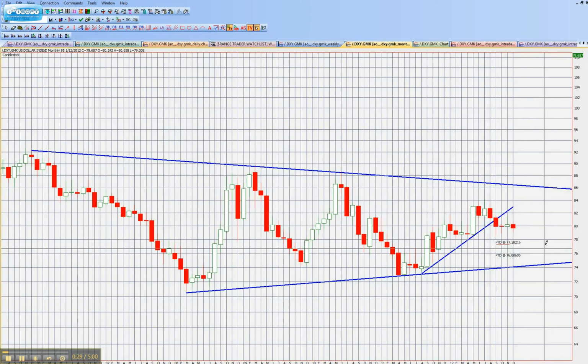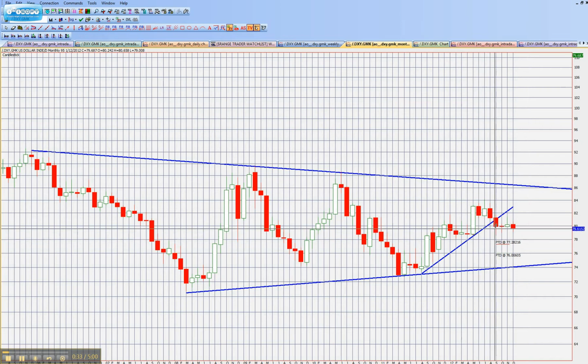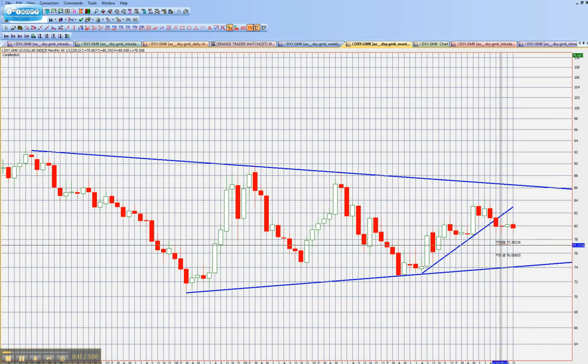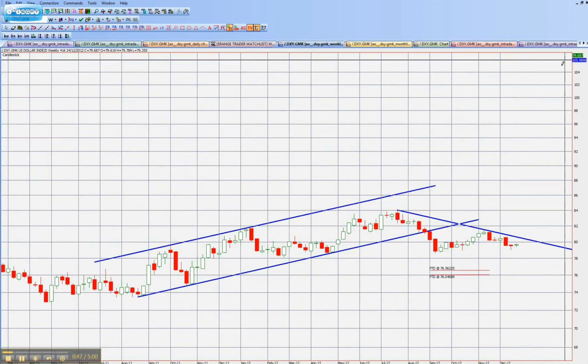Now, clearly we've got a bit of rumble and tumble happening over there. On the monthly, we can see that we do have a break of the DXY, and the target is 77.76 on the monthly. So remember, the monthly overrides a weekly overrides a daily.